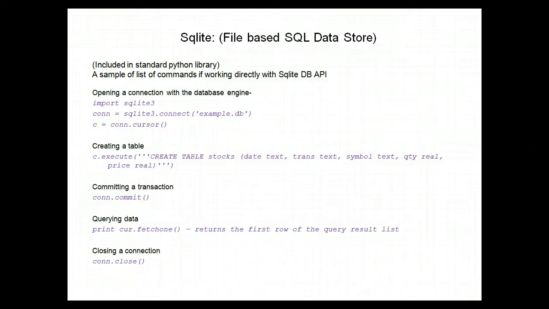And then once you have executed a series of SQL statements, DDL, DML statements, you need to commit the transaction before you can see any changes in the database. And then if you want to query the database, the methods that are commonly used are fetchone, fetchall, and fetchmany. In the end, once you're done with using the SQLite database, you can close the connection using connection.close.